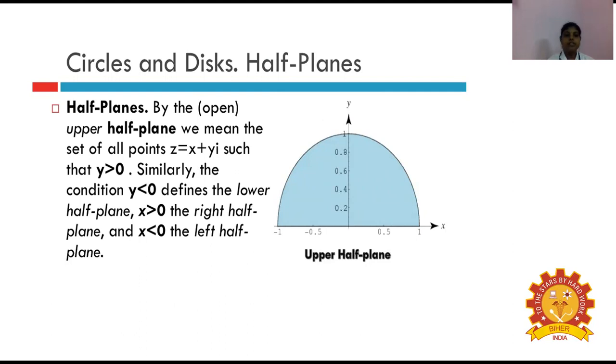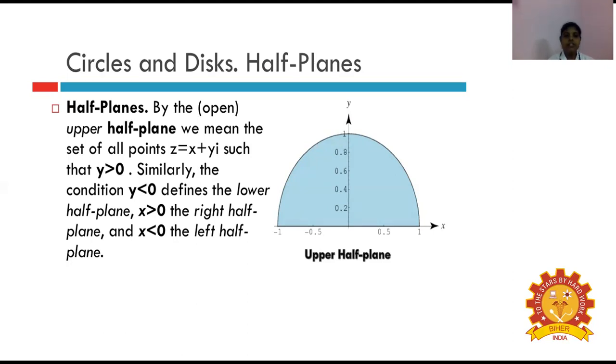Half planes. By the upper half plane, we mean the set of all points z equal to x plus yi such that y greater than 0. Similarly, the condition y less than 0 defines the lower half plane.